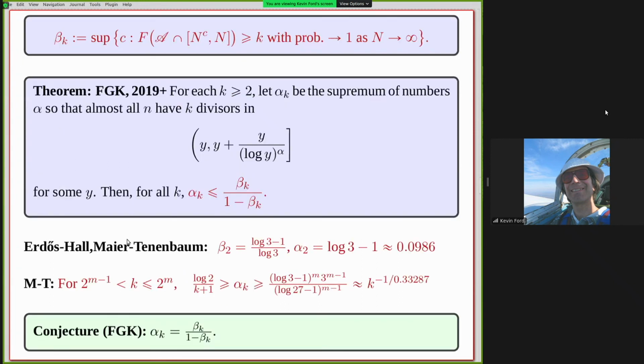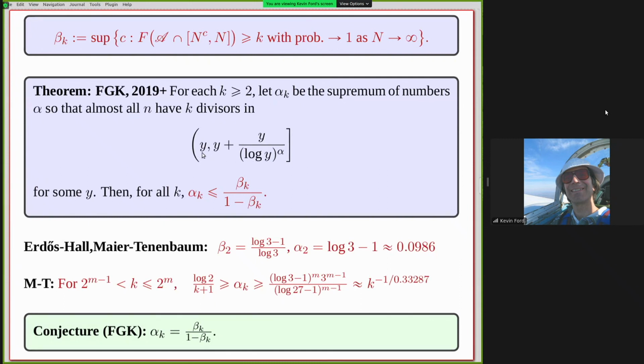So now we'll get a summary here. Let me explain some previous work. So beta k is this restricted concentration problem. The value of beta k also, through our model, corresponds to the problem of finding k very close divisors in a very short interval of this type here.